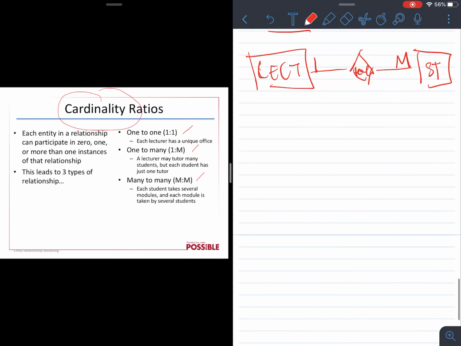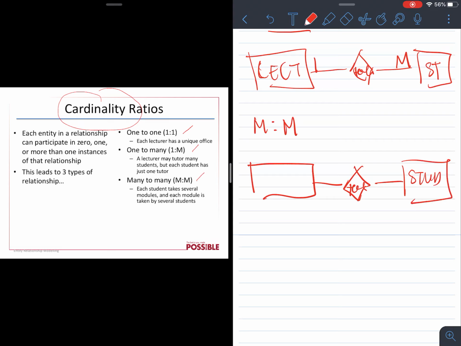The third cardinality, or the third relationship type, is many to many. We can also take the same entity, teach student. There are also cases where many lecturer can teach many students.